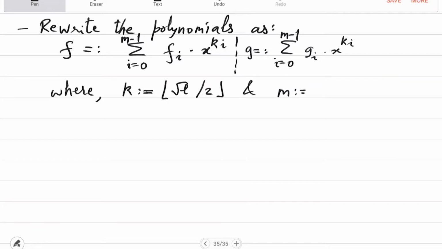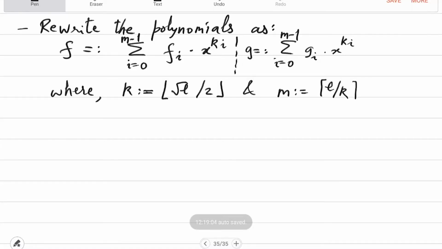Basically, k times m has to be L. So you take m to be the ceiling of L by k. So the effect is that both k and m are around square root L. Right, so you have written f in square root L blocks, each of size square root L. This is how you have divided the monomials in an ordered way.